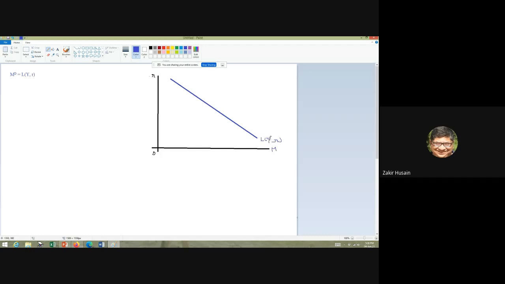So that means when we are drawing this money demand function, we are drawing this for a particular value of y.